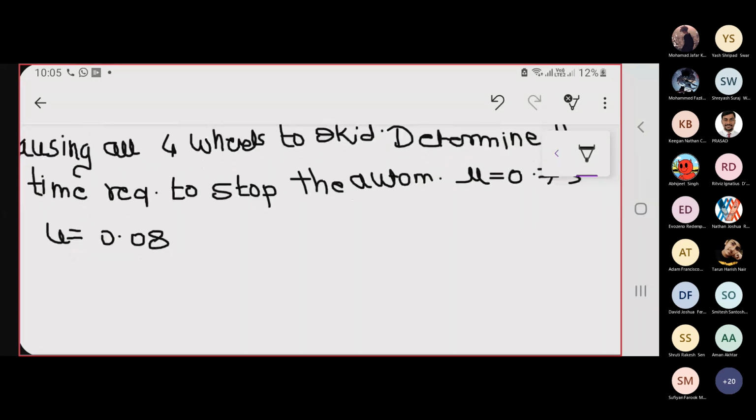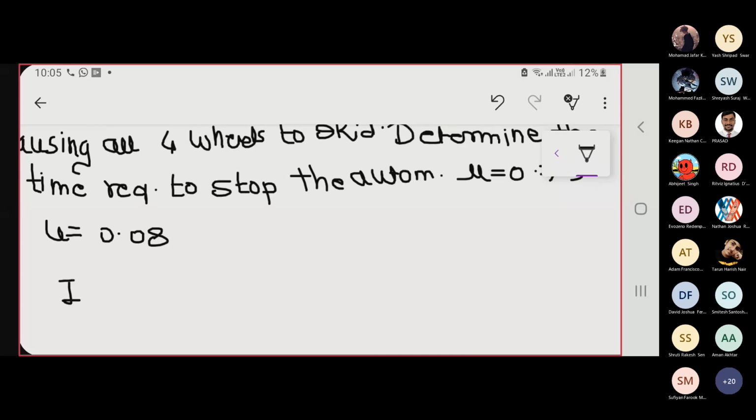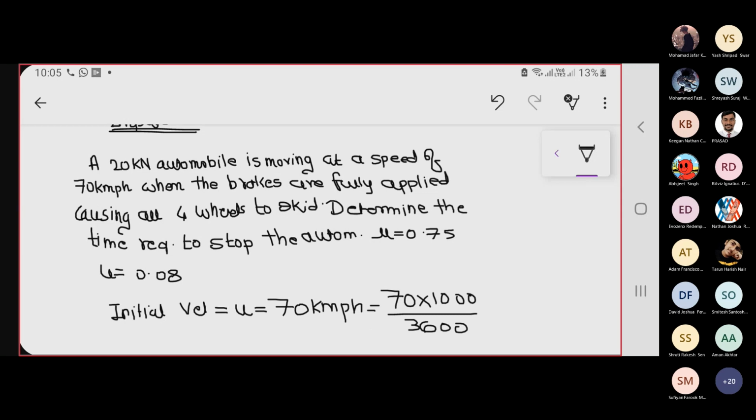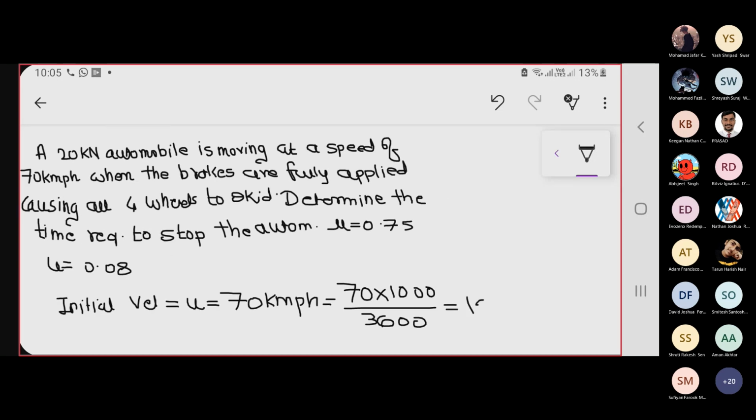First important thing is writing the quantities. We need initial and final velocity. Initial velocity u is 70 kilometer per hour, which we convert to meter per second: 70 times 1000 divided by 3600, that is 19.44.